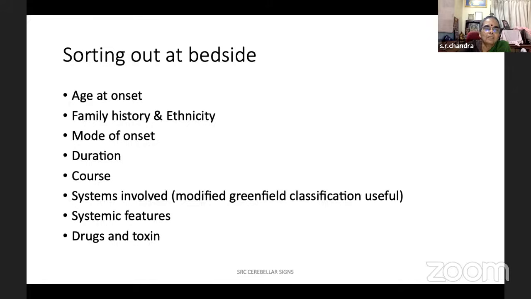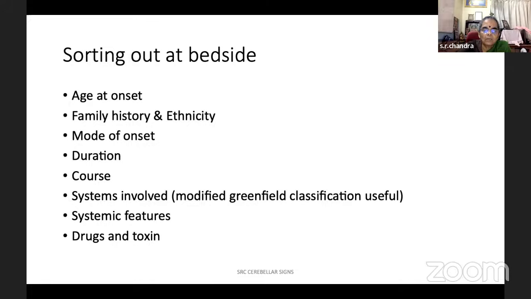And at the bedside, you find out in a person with cerebellar disease, what is the age of onset, is there any family history or ethnicity, what is the ethnicity. Some genotypes are present in some ethnic populations only. The mode of onset: acute, subacute, chronic, static, progressive, remitting, relapsing, and then duration of disease, course, how is it, and systems involved.